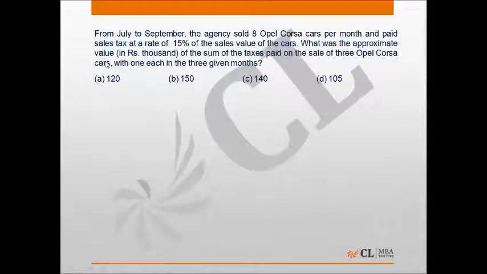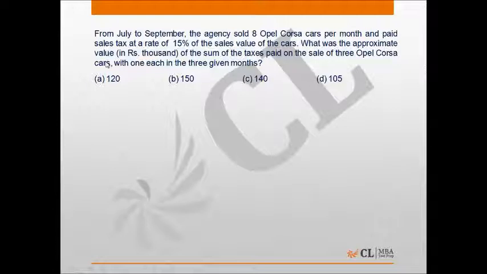Now move to the next question. Here it is given that from July to September the agency sold 8 Opel Corsa cars per month and paid sales tax at a rate of 15% of the sales value of the cars.